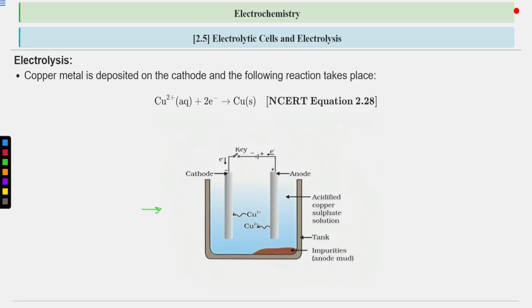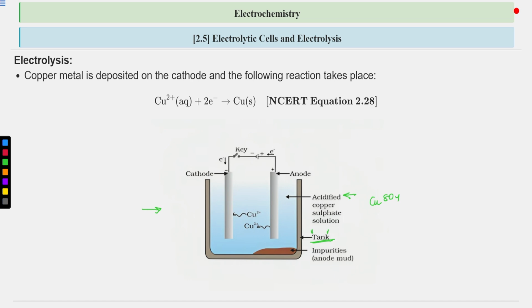Now this is the diagram. If you see, we have a container here, which we are calling the tank. In the tank, the blue colored solution is acidified copper sulfate solution, CuSO4.